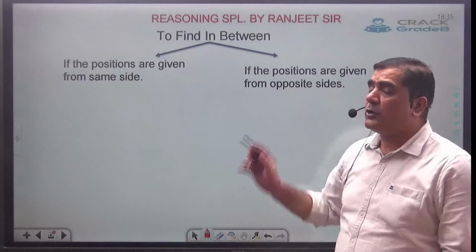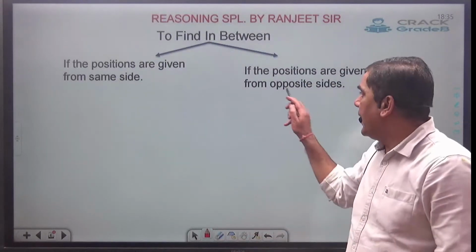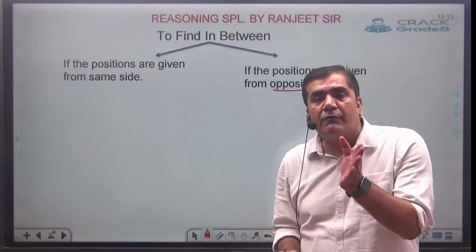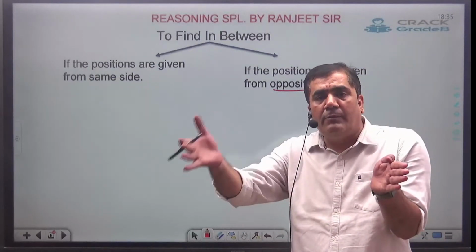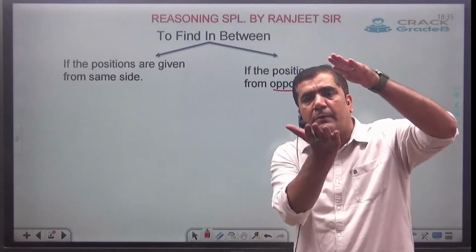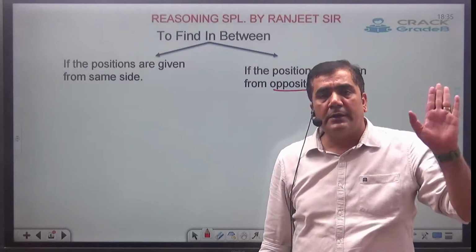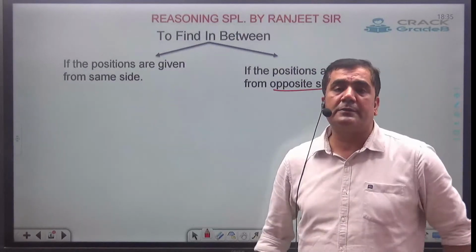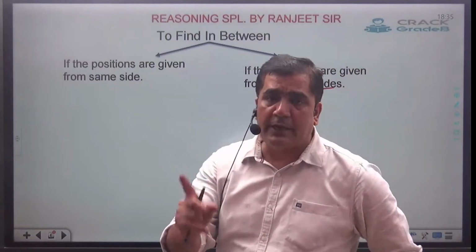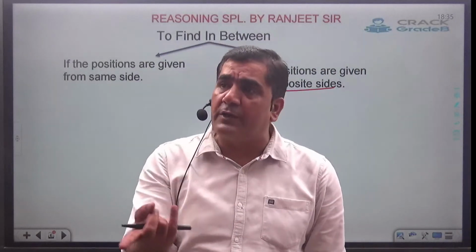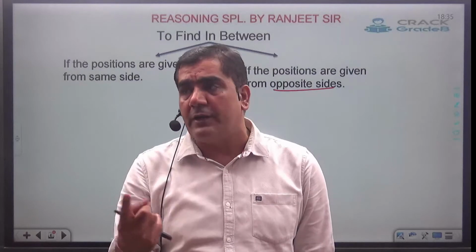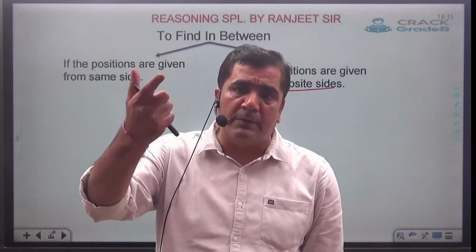Now in case number 2, the positions are given from the opposite side. One will be given from left, the second from right. One will be from top, the second from bottom. Clear? In case 1 both positions are from the same side: both right, both left, both top, or both bottom.